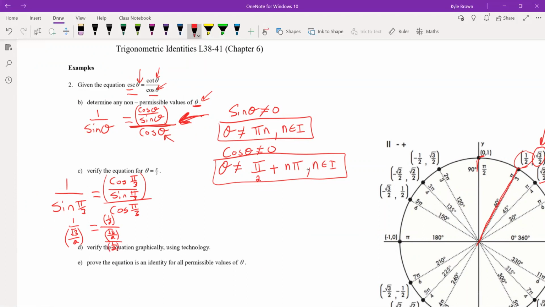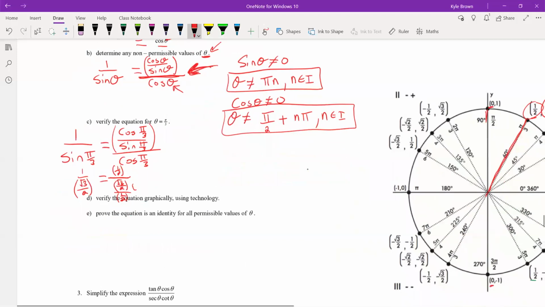So now it looks confusing, but look here, I've got 1/2 on the top and I've got 1/2 on the bottom. If you can see it, you can just cancel those right away. If you have a hard time seeing that, that's okay. Remember that dividing by a fraction is the same as multiplying by the reciprocal.